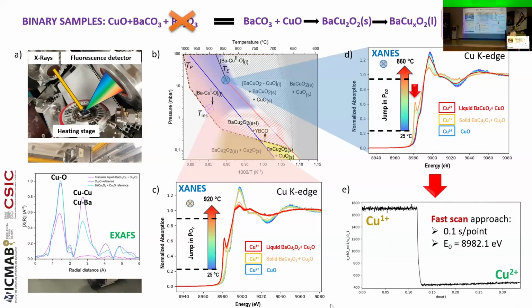However, if we wanted to grow real REBCO, and this is a very fast process, this 2 minutes of acquisition wouldn't help. So we had to adopt another approach, which was the fast scan approach, where we selected only this single energy, which is indicative of this peak, which is characteristic to the copper +1 oxidation state, and gives big spectral differences between copper +1 and copper 2+.